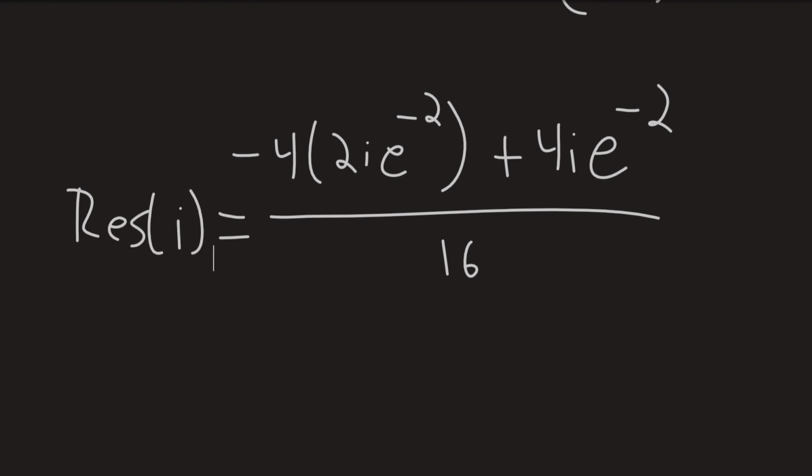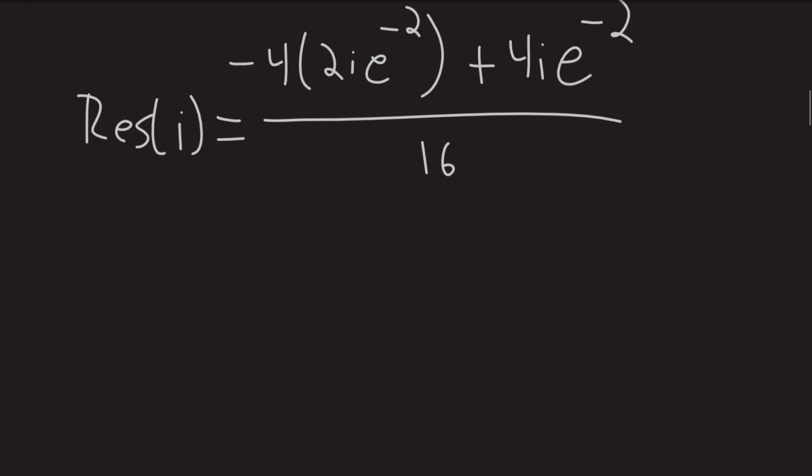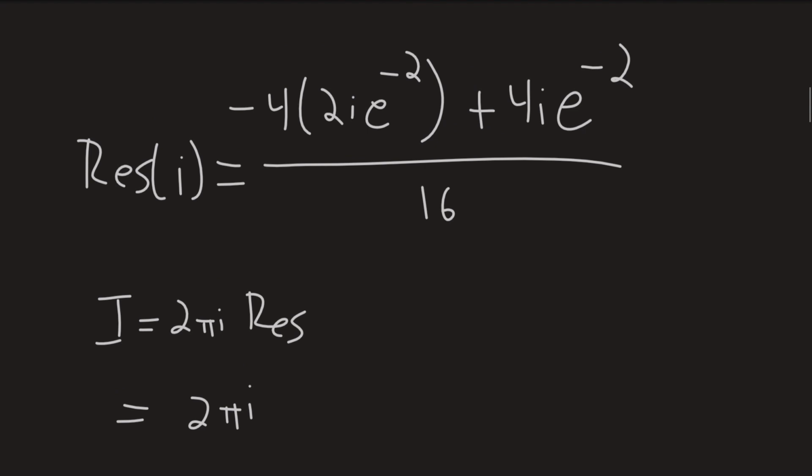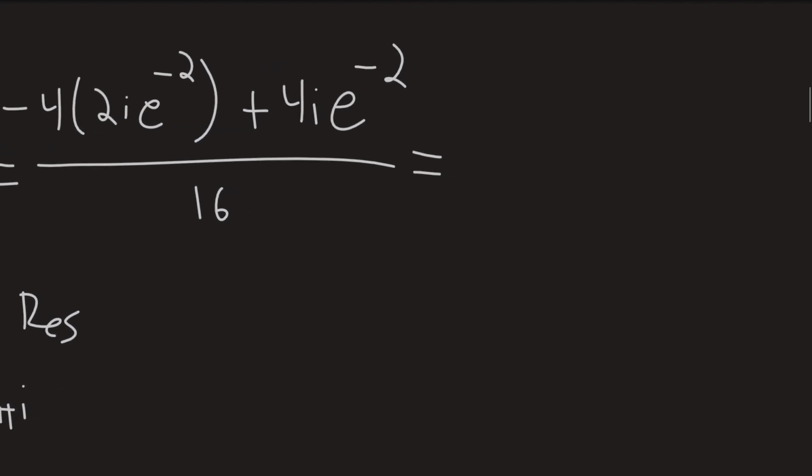Meaning that if our integral is just equal to 2 pi i times our residue, then our integral is just equal to 2 pi i. And then I'm going to simplify this right here a tiny bit more. First thing I'm going to do, before I plug it into the 2 pi, is cancel out the 4's real quick.